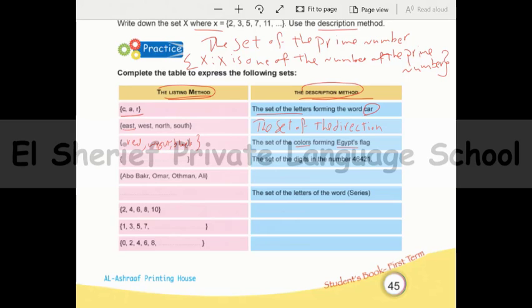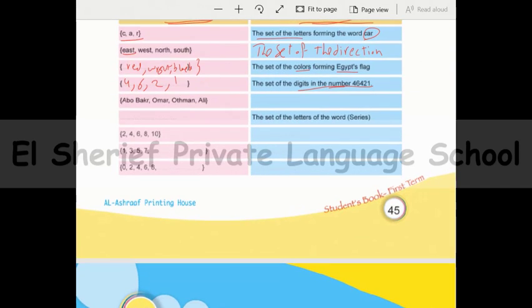The set of the digits of the number 46,421. This is called the description method. We need the listing method. That means 4 and 6, and don't repeat 4 again, so put 2 and 1, and between each two elements we put a comma, and so on.